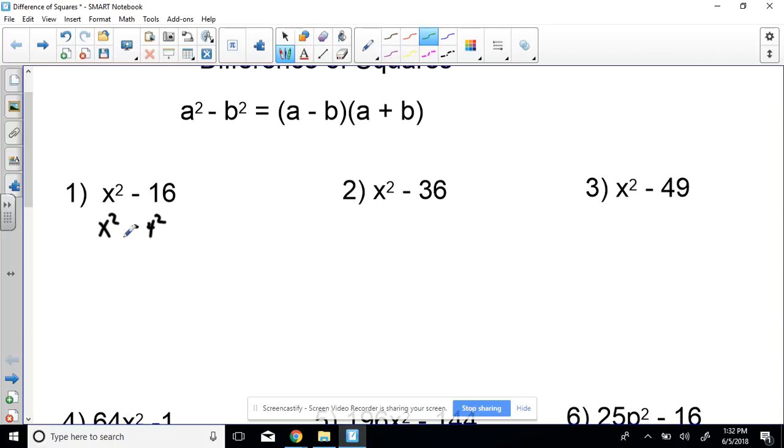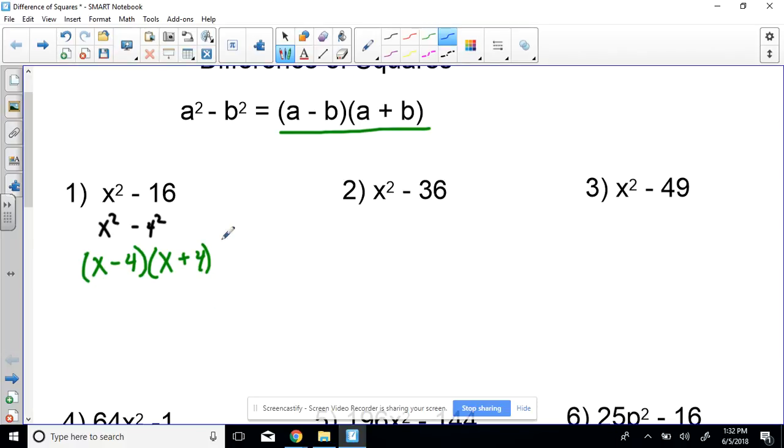Now, both of these are squared, so we're going to use the second part of the formula. We're going to say parentheses, the square root of x squared is x minus, and this right here would be 4, times x plus 4. Okay, all I did was use this formula right here.